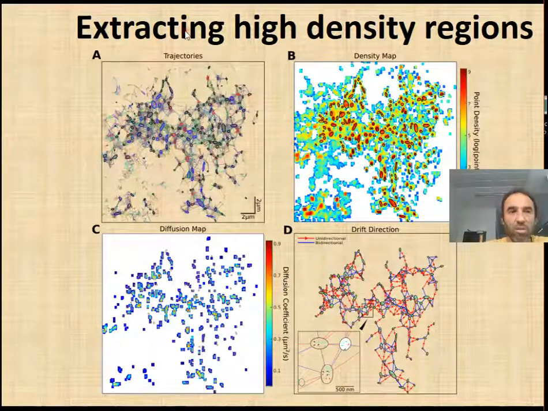The present algorithm allows to start from trajectories, to extract the density map, compute the diffusion map, and also reconstruct the underlying network, where trajectories allow us to estimate the flux in between two different nodes, and so we can characterize them as either unidirectional or bidirectional if there are enough trajectories that move in both directions.